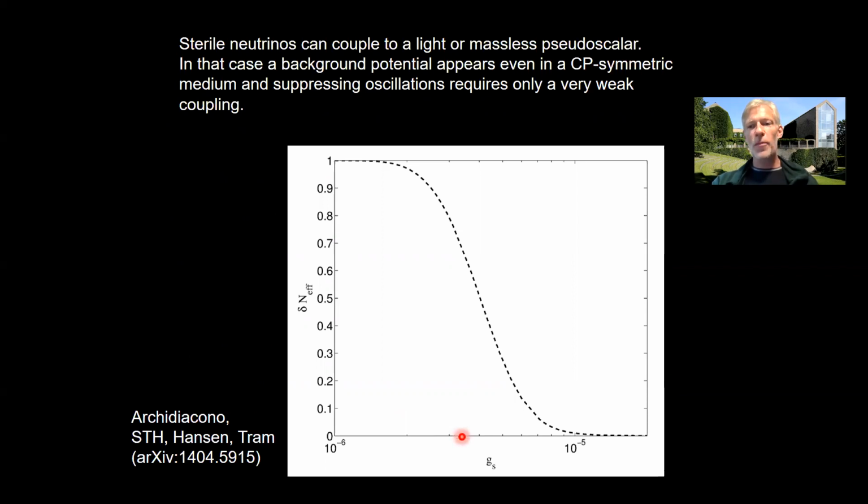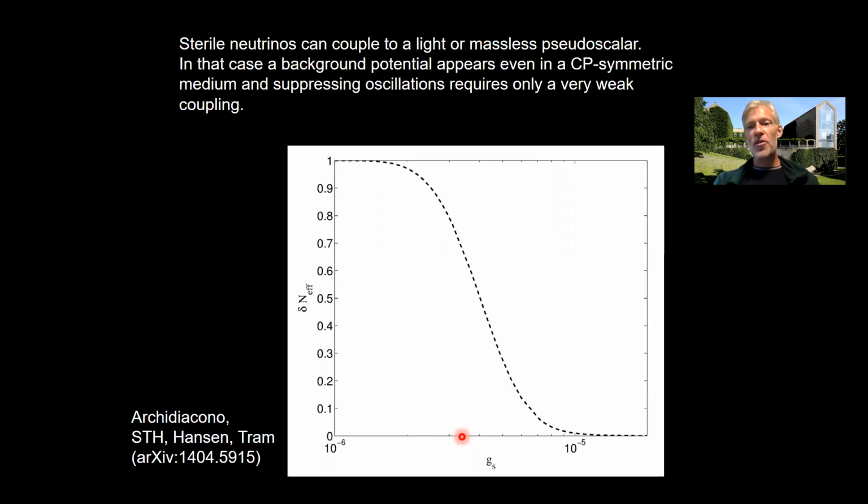Even this very small coupling strength actually leads to very interesting behavior. So first of all, it leads to a delay in the thermalization process, which suppresses the overall contribution to the energy density. Second, it means that this additional neutrino state doesn't really free stream in the normal way because it's strongly interacting.